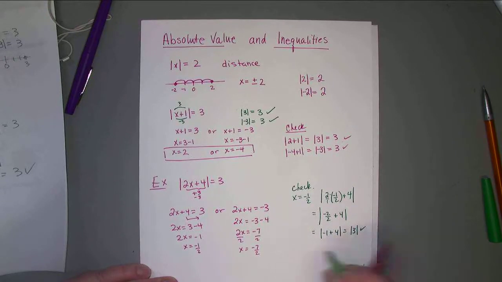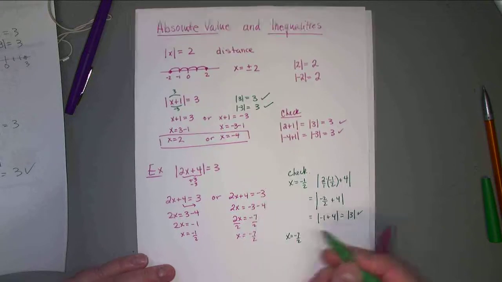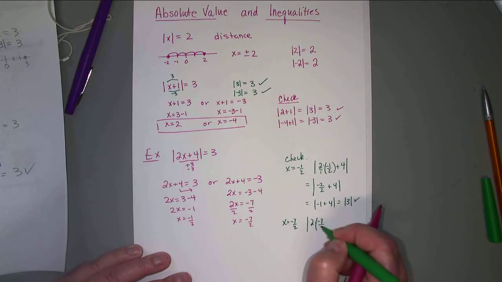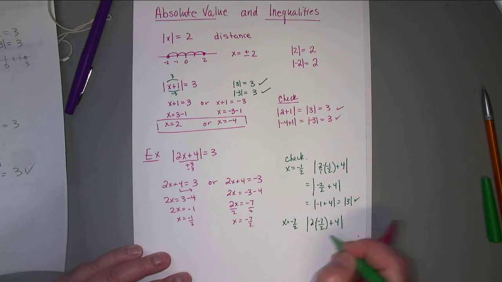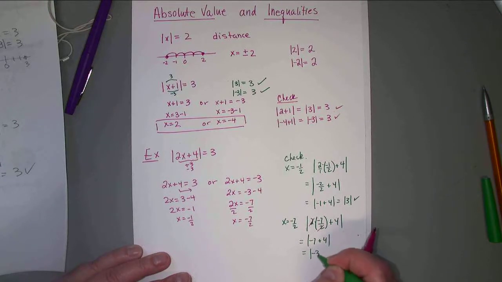So that one works. If we plug the negative 7 over 2 in, we'll end up with the negative 3. So 2 times negative 7 over 2 plus 4. The 2's cancel. Negative 7 plus 4 is negative 3.